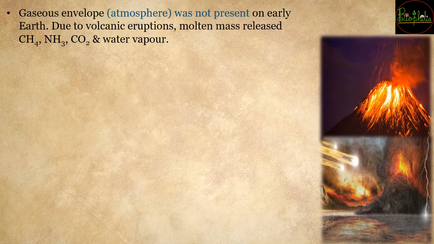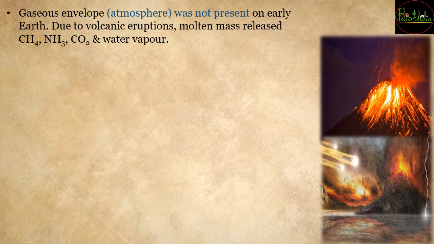Then the gaseous envelope, that is the atmosphere around the Earth that we have today, was not present on the old Earth that was formed 4.5 billion years ago. So everything is not available from the start. Similarly, the atmosphere was not there from the first day of the Earth's birth. Because there was an explosion, the temperature was very high, nothing was stabilized.